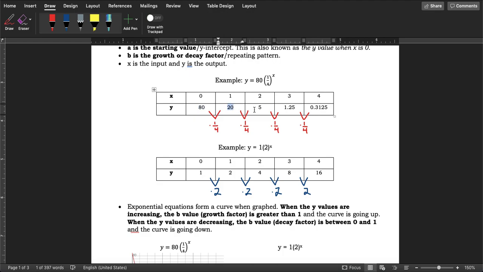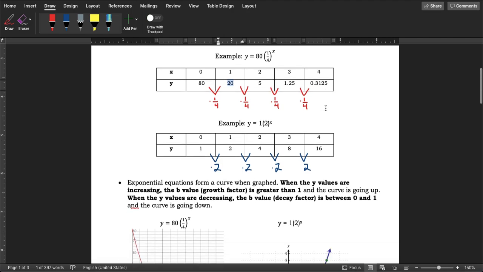So that's why these numbers are decreasing so quickly. We're only keeping 25% of the original amount. We only kept 25% of 80. We only kept 25% of 20, meaning we lost 75% every single time.